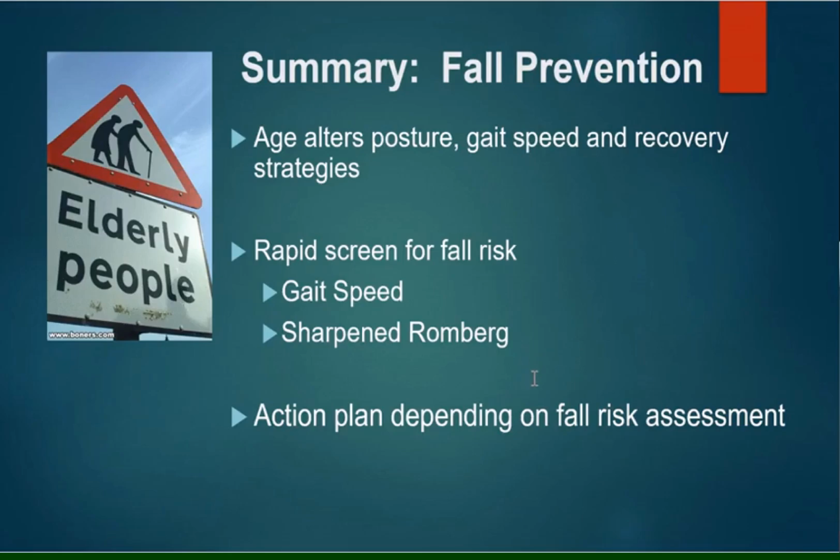but you can also make referrals to physical therapy, as well as yourself as a provider providing an action plan that entails resistance training, core training, endurance, and flexibility. And we'll talk a little bit about that in part 3 of this presentation regarding the mobility plan.